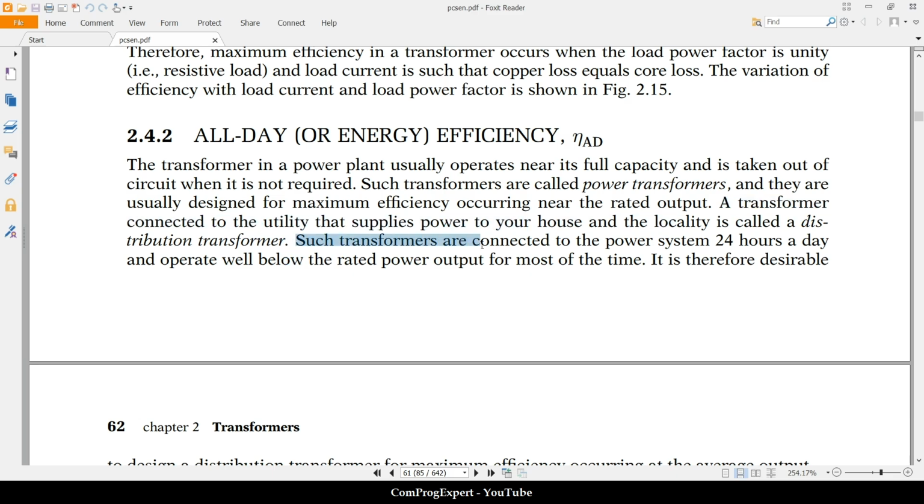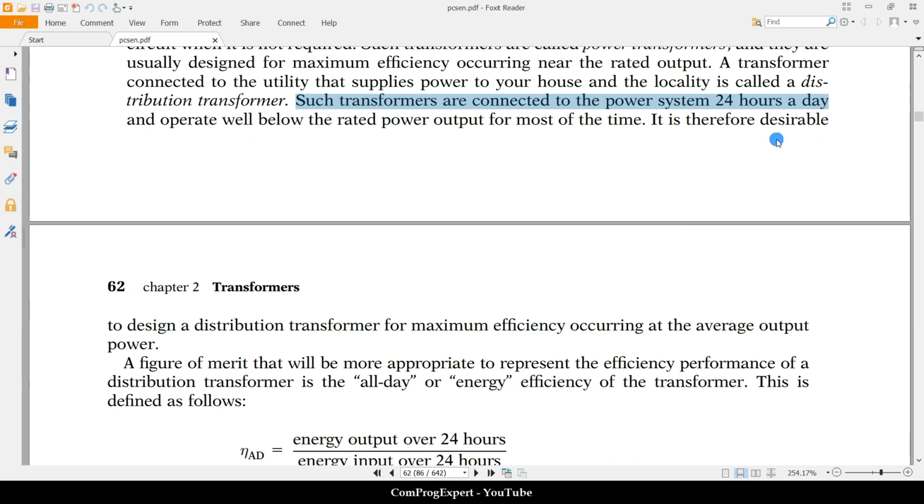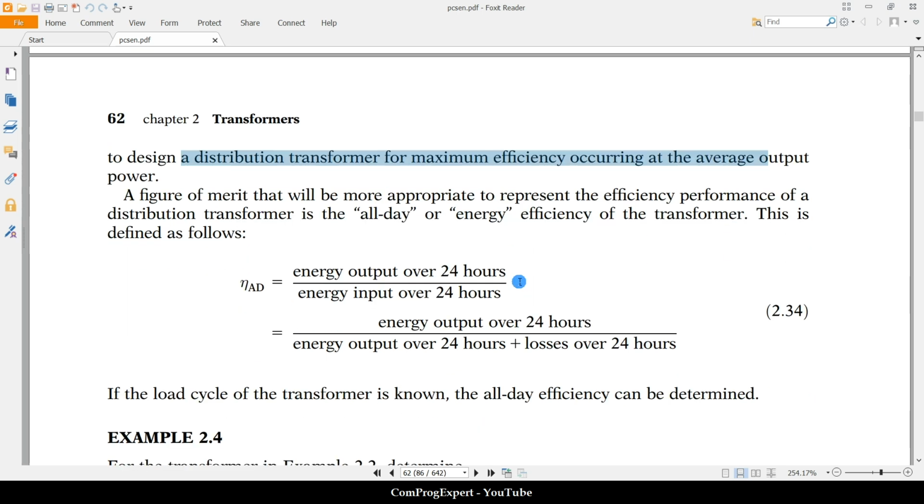Such transformers are connected to the power system 24 hours a day and operate well below the rated power output for most of the time. It is therefore desirable to design a distribution transformer for maximum efficiency occurring at average output power.